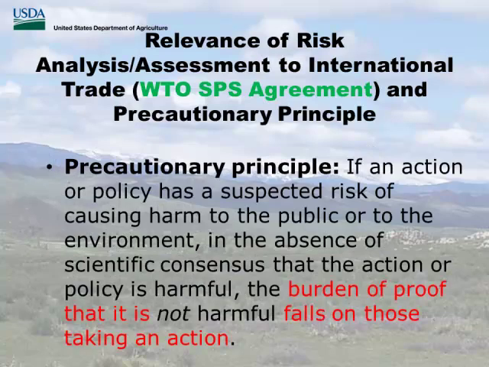Again, how does the precautionary principle work and fit into here? It's actually recognized that countries can put more stringent control policies in place if they suspect that there's going to be harm, or there's information unknown, and the policy might be harmful as far as bringing it in. Again, the burden of proof lies on that country that is putting those stricter burdens in there.